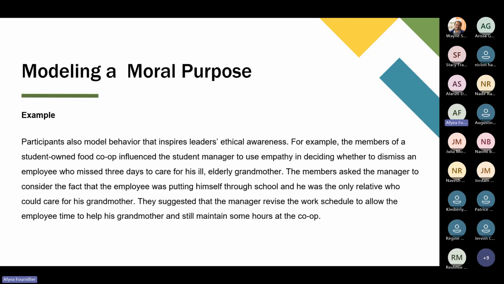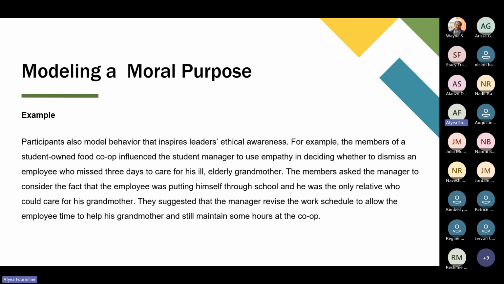And the final example, participants also model behavior that inspires leaders' ethical awareness. So the members of a student-owned food co-op influence the student manager to use empathy in deciding whether to dismiss an employee who missed 3 days of work to care for his ill and elderly grandmother.